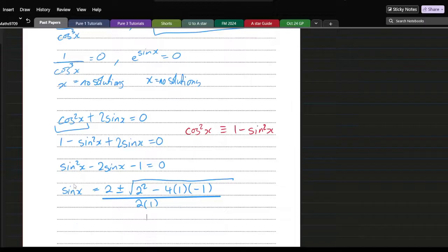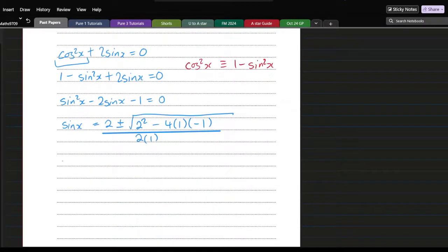So we're saying sine x is equal to, let's punch this into the calculator, 2 plus or minus the square root of 2 squared minus 4 times 1 times negative 1, over 2 times 1. So this gives us 1 plus or minus the square root of 2.